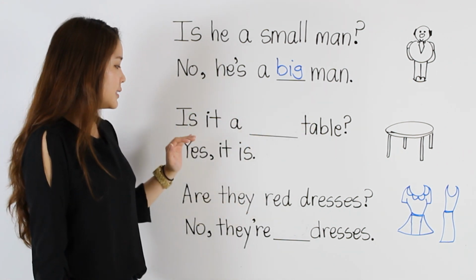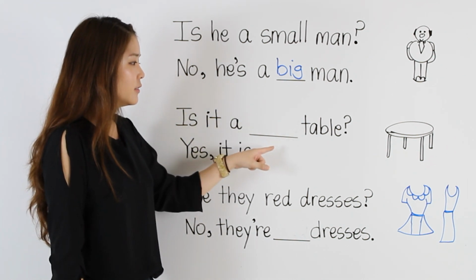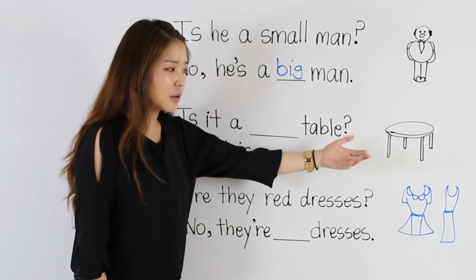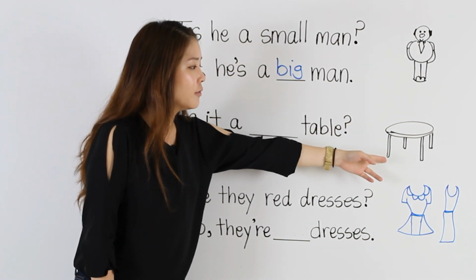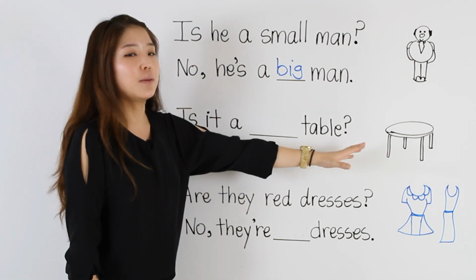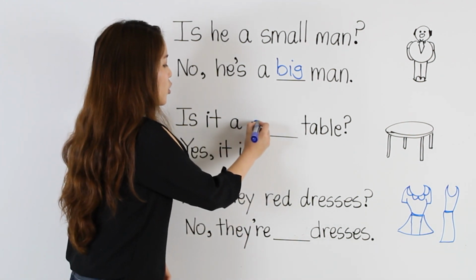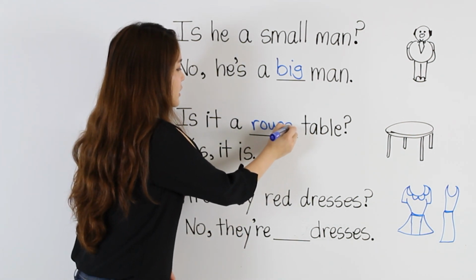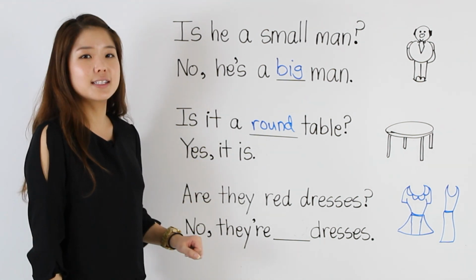The answer is yes, it is. We need an adjective to describe color, shape, or size, or something. Well, we can't really describe the color, so I think we should try the shape. Okay? Well, is it a round table? And the answer is yes, it is.